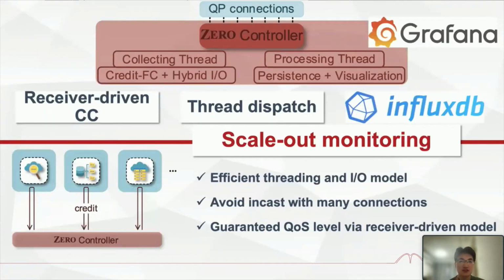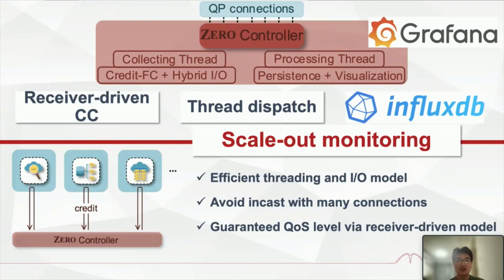To support large-scale distributed monitoring, Zero adopts a thread dispatching model. First, only one or two collecting threads are used to post RDMA read requests, then poll completions on multiple QPs in parallel, because both post and polling operations are non-blocking.